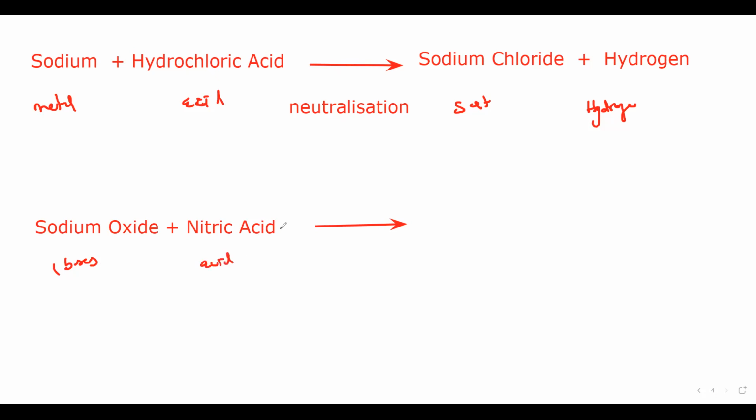What will be the product when sodium oxide reacts with nitric acid? This will produce sodium nitrate plus water, because acid plus base gives salt and water, not hydrogen. So this will be salt and here it is water. When acid is reacting with a metal oxide, this is also known as neutralization.